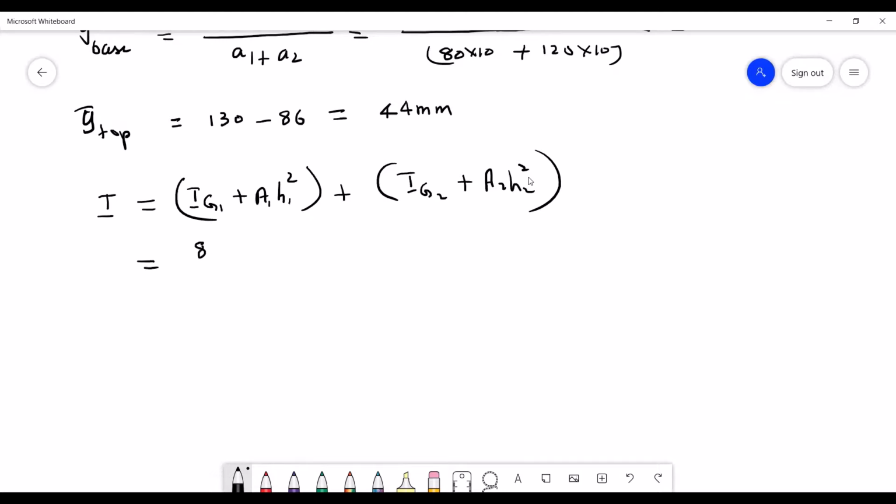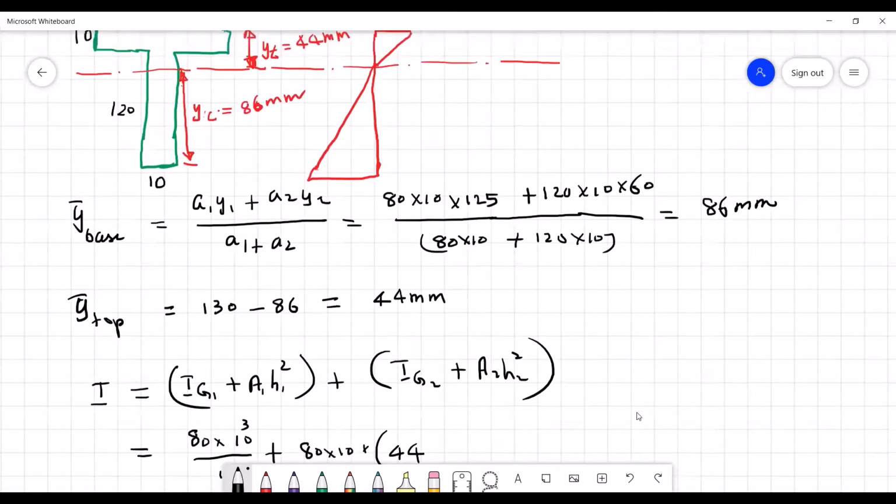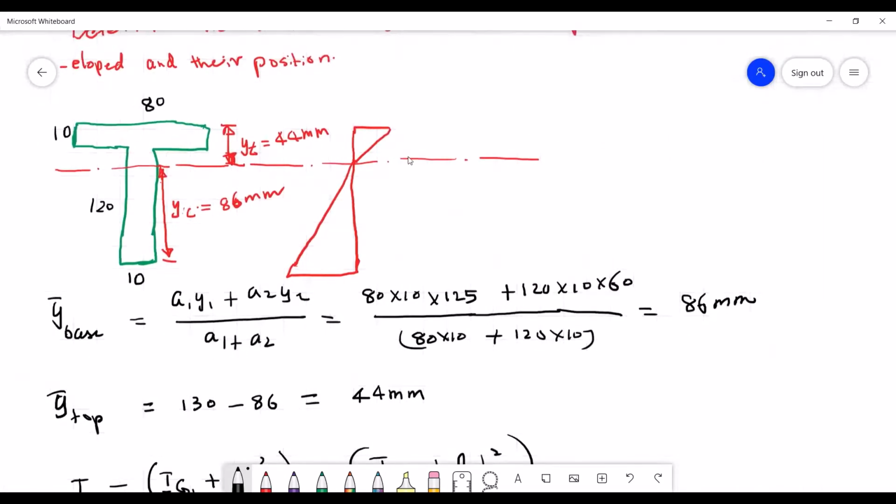So Ig is 80 into 10 raised to 3 divided by 12 plus A is 80 into 10. And h means 44 is here. From this 44, we have to subtract half of 10.